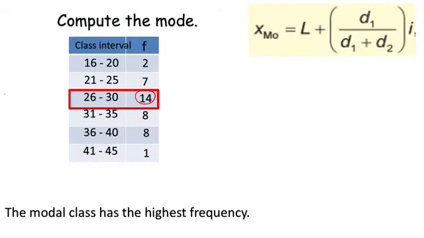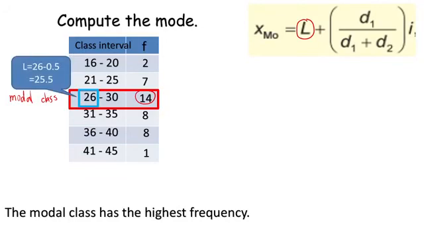Now, from our modal class, let's determine our L. 25.5? By simply using 26 there, the lower limit, subtract 0.5, you'll get 25.5. That's correct. What about D sub 1? 7. You'll have 14 minus 7. That will give us 7.